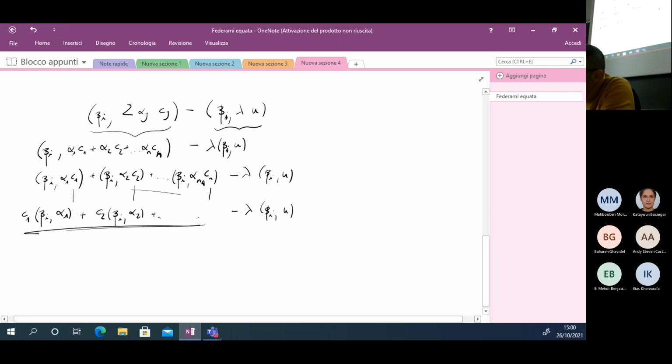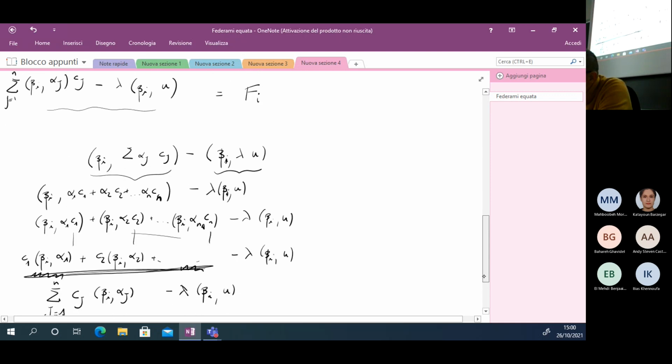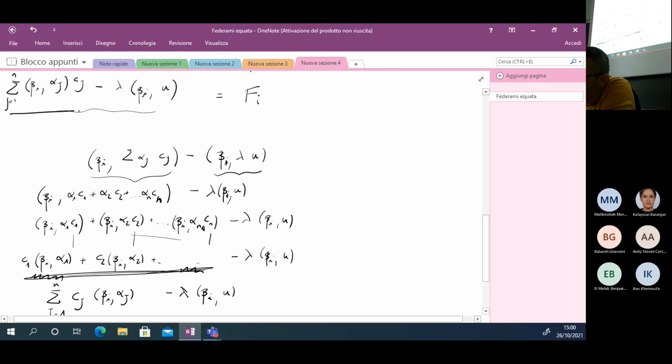Now, this sum here can be rewritten as the sum over j that goes from 1 to n of Cj times the inner product of beta I with alpha j. And then I have minus lambda times the inner product between beta I and u. And this is what we have written here.